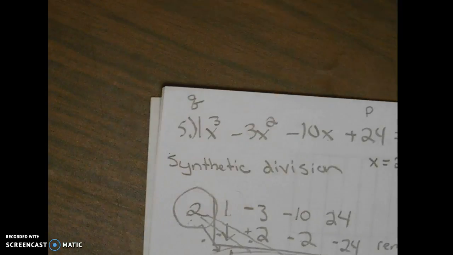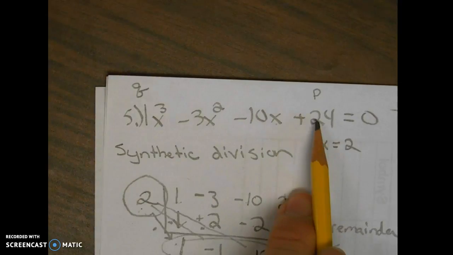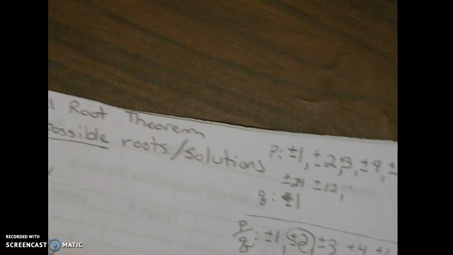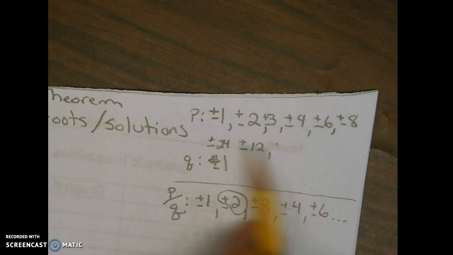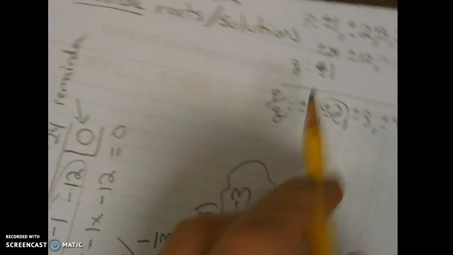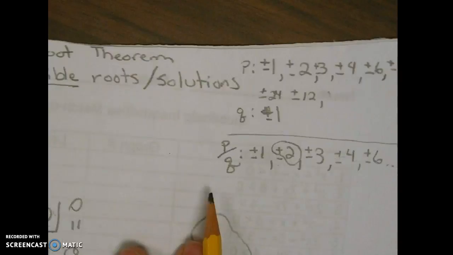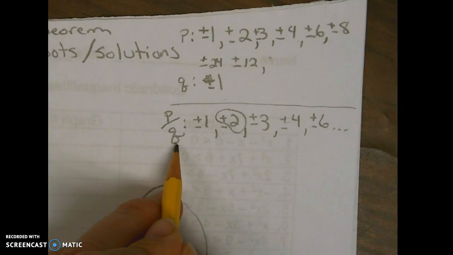So, in some cases, when you can't do anything, we use the rational root theorem. Find all the factors of p. That's your number on the end, your constant. Your q, factor your q. And then you put all the p factors over the q factors.